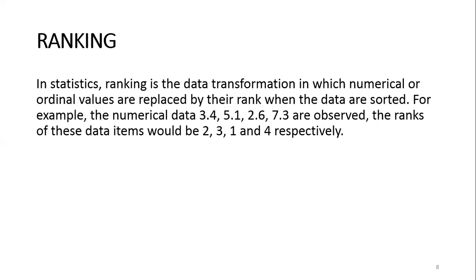Ranking: in statistics, ranking is the data transformation in which numerical or ordinal values are replaced by their rank when the data are sorted. For example, the numerical data 3.4, 5.1, 2.6, 7.3 are observed. The ranks of these data items will be 2, 3, 1, and 4, respectively.